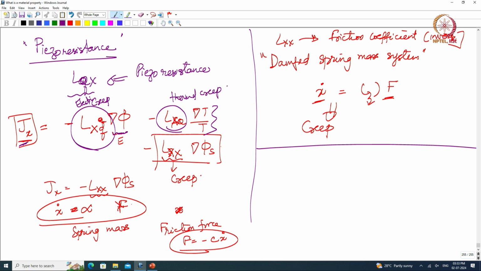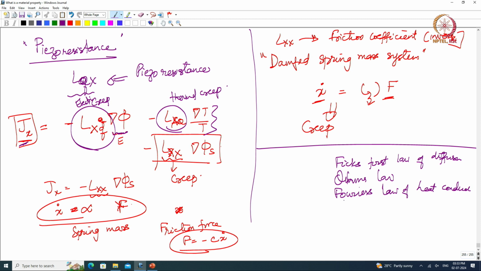Now, you see how I put together several laws. There is Fick's first law of diffusion, there is Ohm's law, there is Fourier's law of heat conduction, there is piezoresistivity, there is creep.